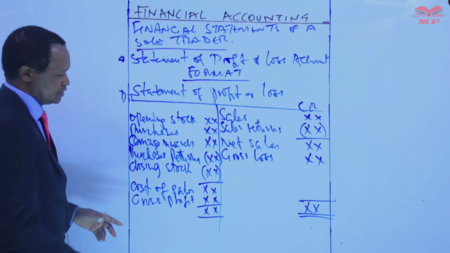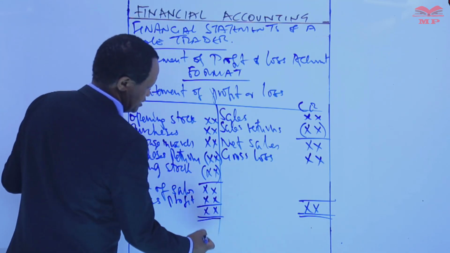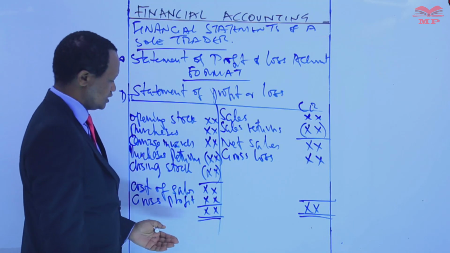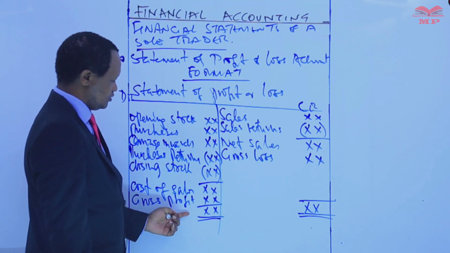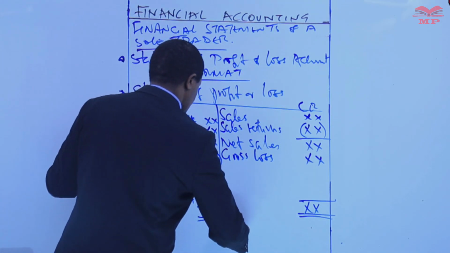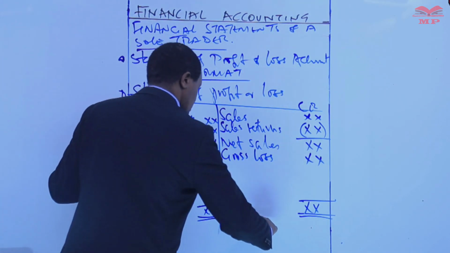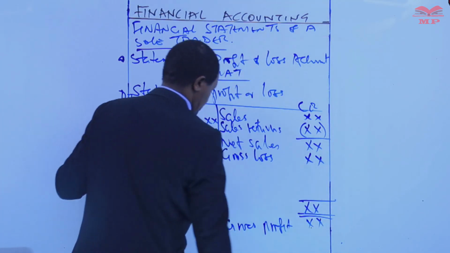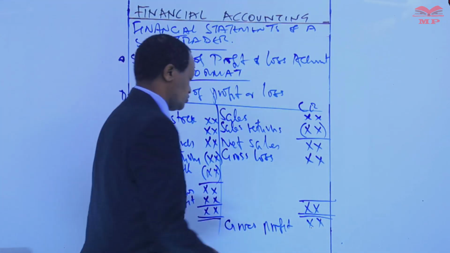So that is what we call the trading account. Up to this point, we have the gross profit, which we bring down here. This is the gross profit brought down.